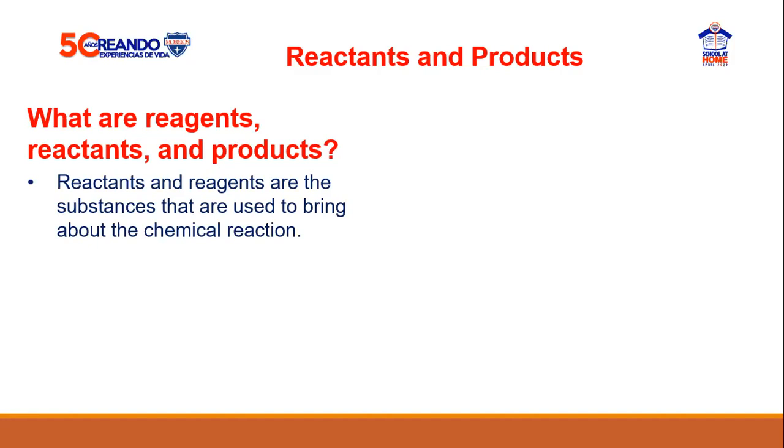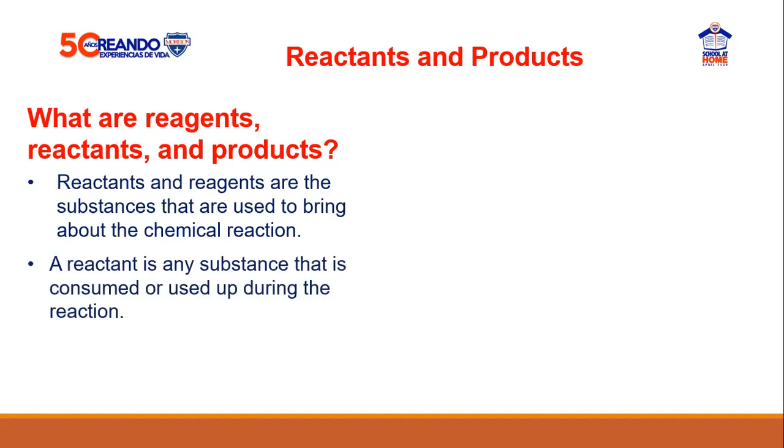Okay, both are used to bring about the chemical reaction. A reactant is any substance that's consumed or used up during the reaction, right? Sometimes, as we said, the molecules change, right?